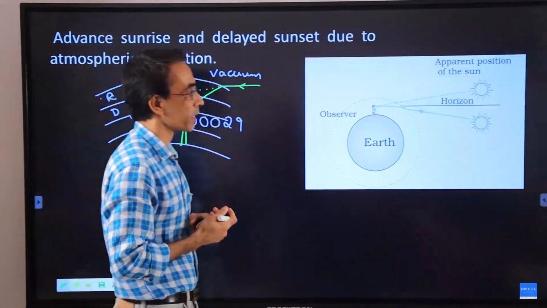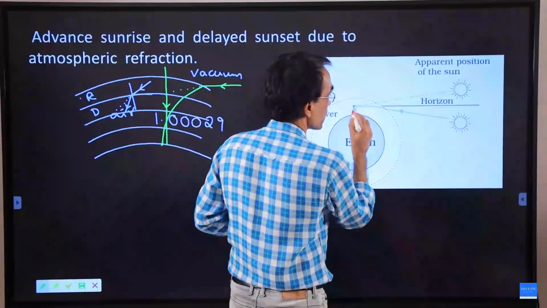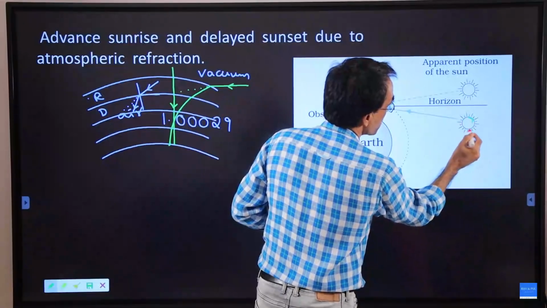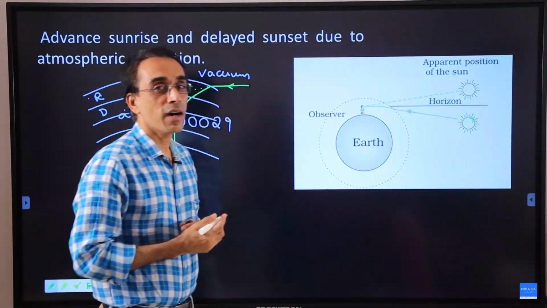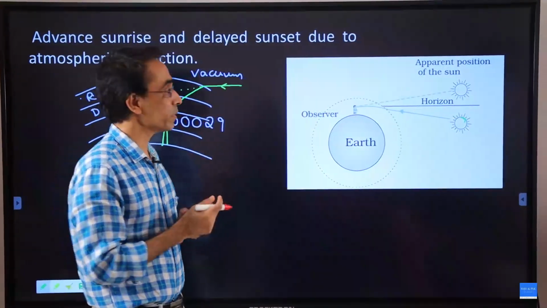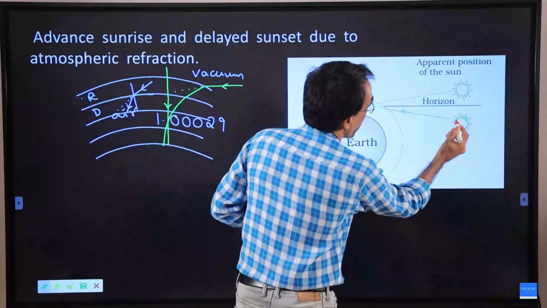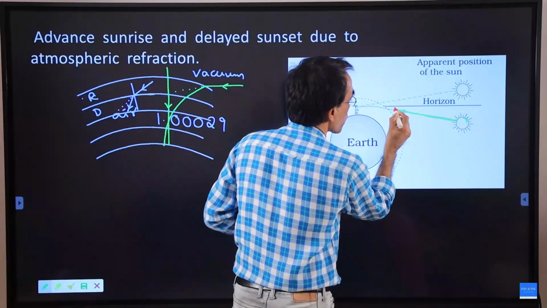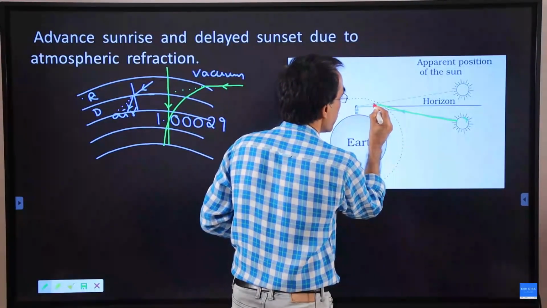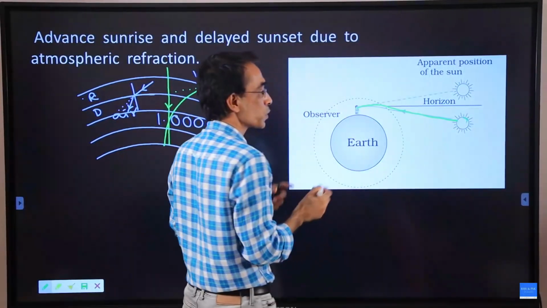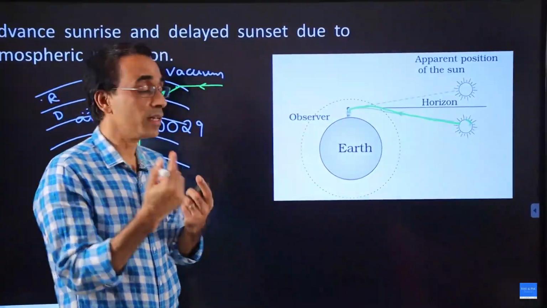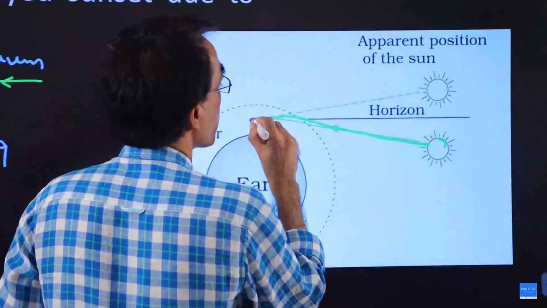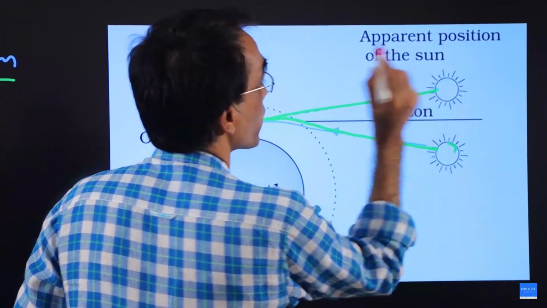Now coming back to this diagram, this is the person, this is the horizon. At this point, the sun is technically not visible, but what happens? A light ray coming from the sun will gradually undergo refraction at every layer and will reach this person. So for the person and for his eye, this light ray will appear to be coming from some point here.